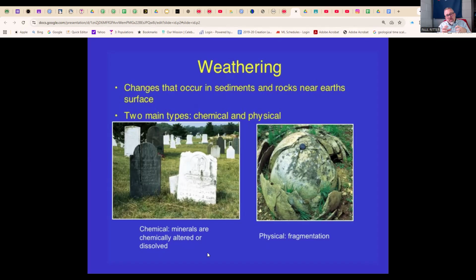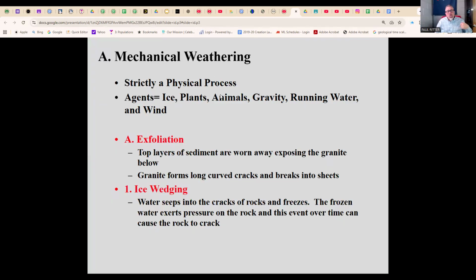Physical weathering is basically a changing of a substance, breaking it down. And what we're talking about is generally going from larger parts to smaller parts. Very simple.